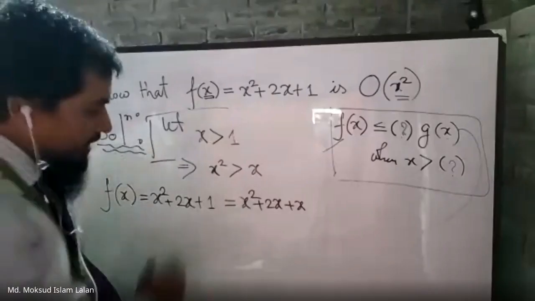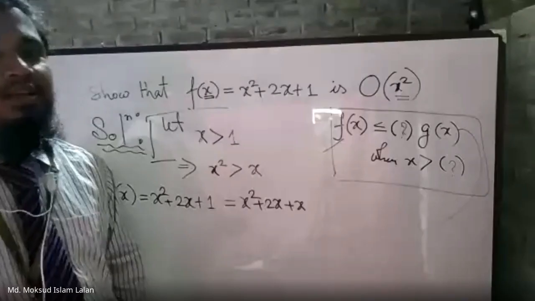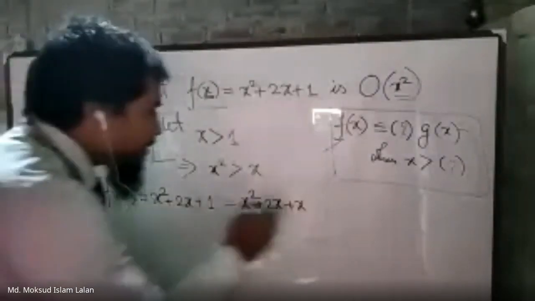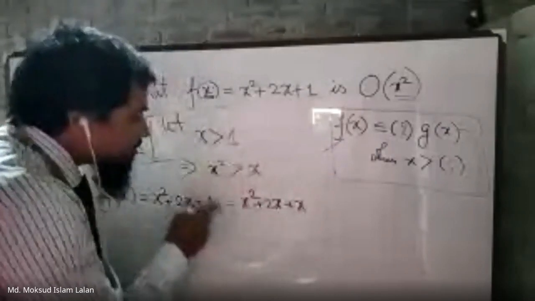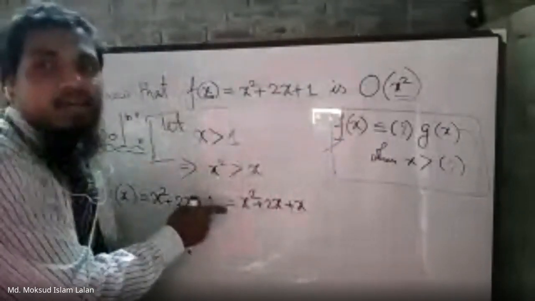So what should I write here? Less than or equal. Because this x is greater than 1, so it does not maintain this equality sign.